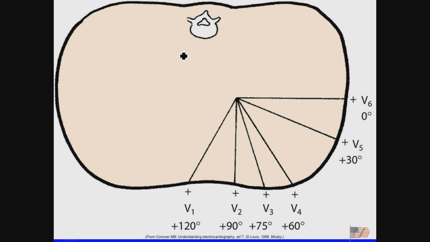Lead 1 is pointing this way, lead 2 that way, lead 3 that way, 4, 5, V6. It gives me a picture of what's happening inside that heart looking across its anterior surface. 6 precordial leads, named V1 through V6.